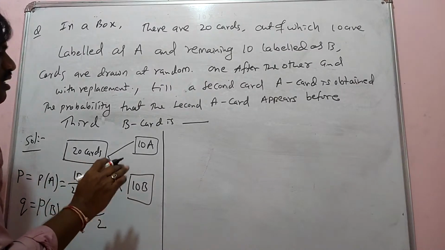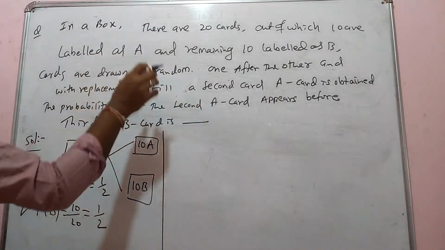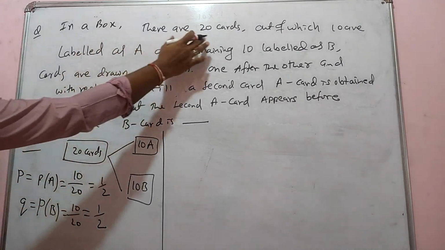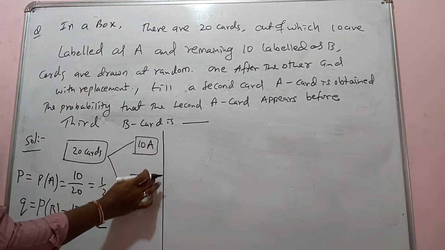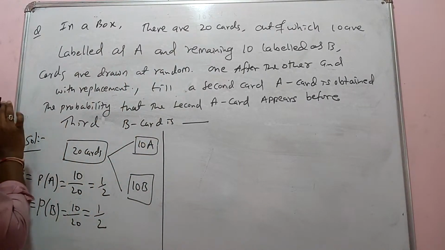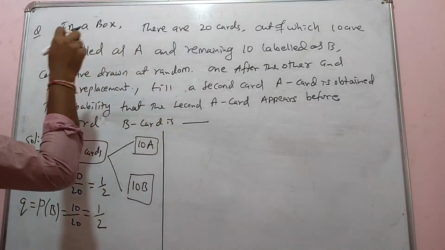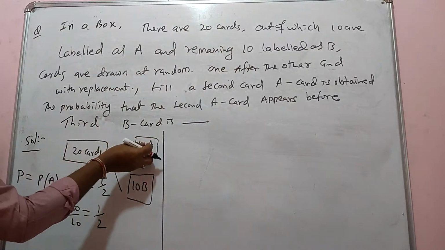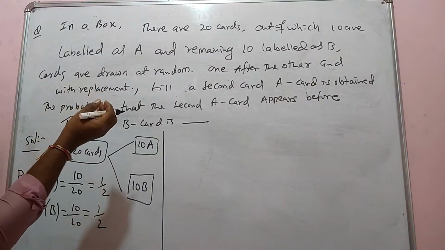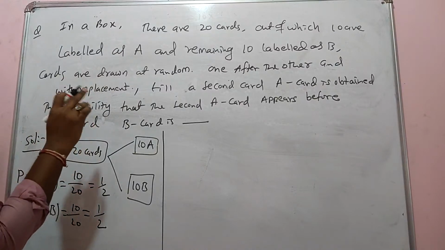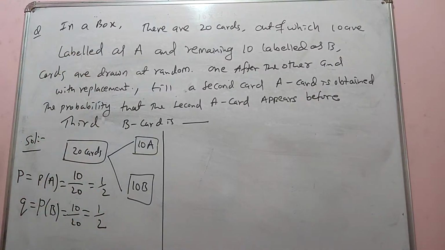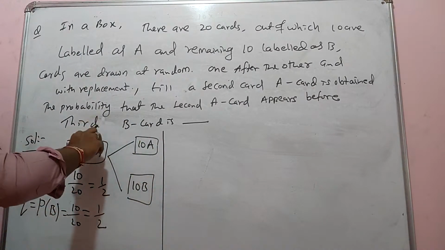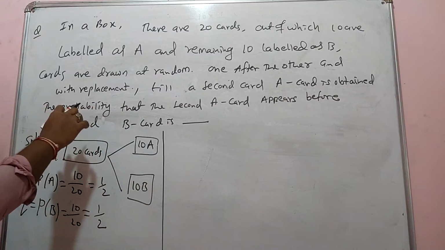So I am picking randomly. 20 cards are there in the box, 10 labeled as A and 10 labeled as B. Cards are drawn at random, one after the other, with replacement. I see the card and keep it back inside.